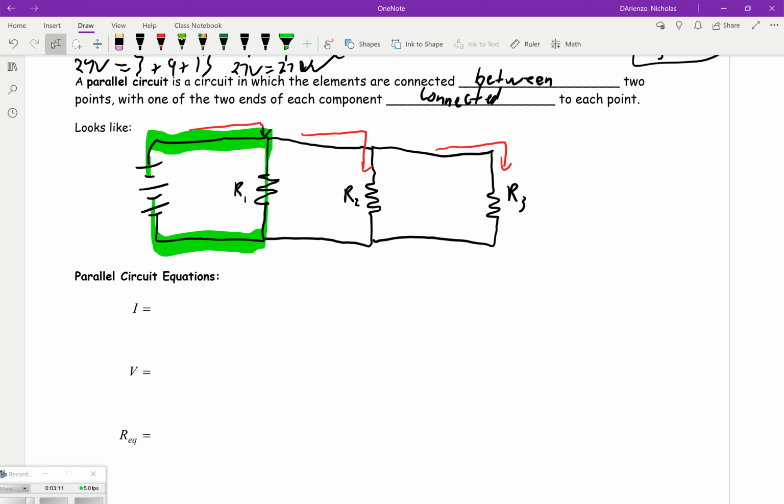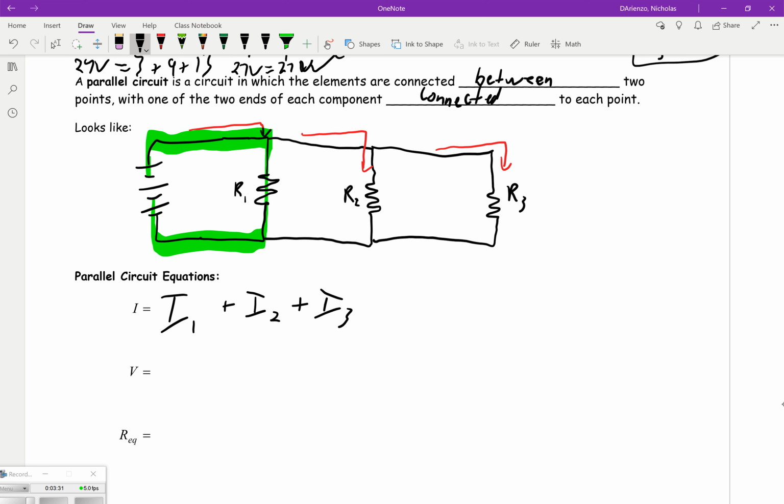Now, as far as current goes, to find the current going through each one of these resistors at any point in the circuit, we're going to add up the current from each branch.